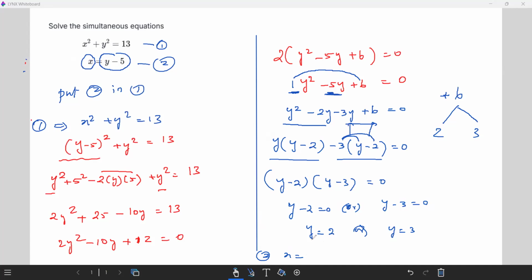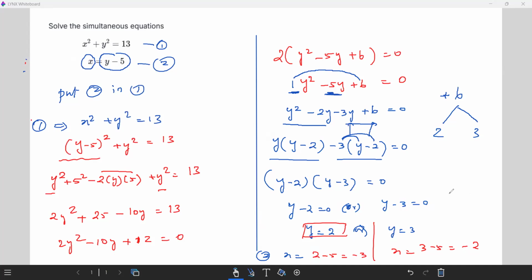So when y is equal to 2, x will be 2 minus 5, which is equal to minus 3. When y is equal to 3, x is equal to 3 minus 5, which is equal to minus 2.